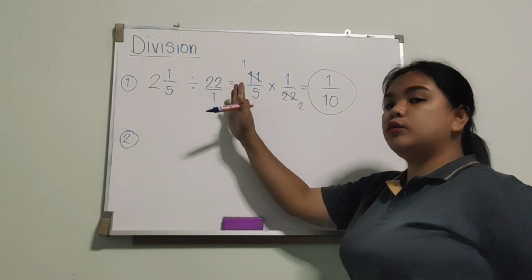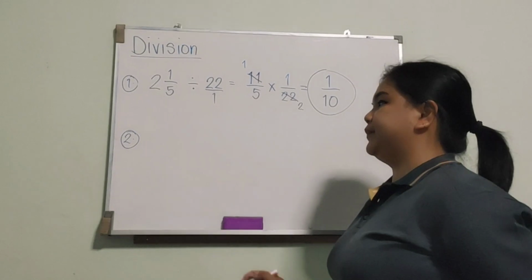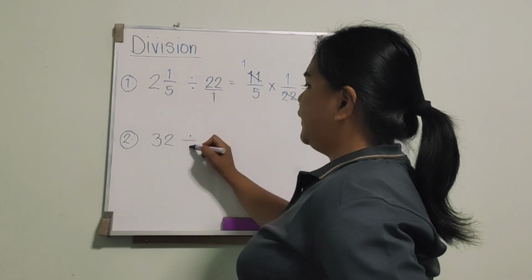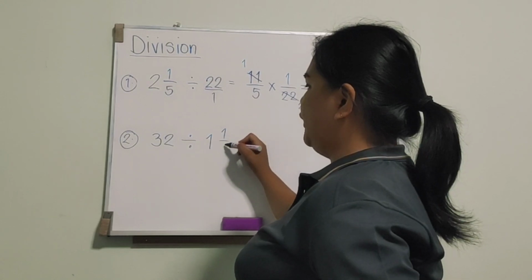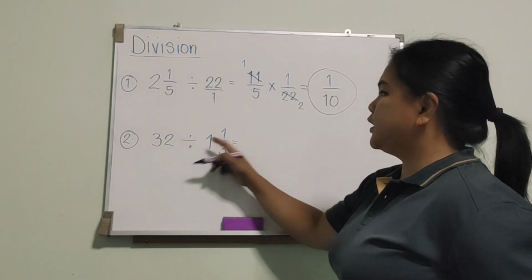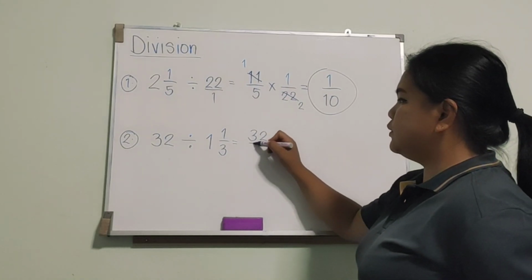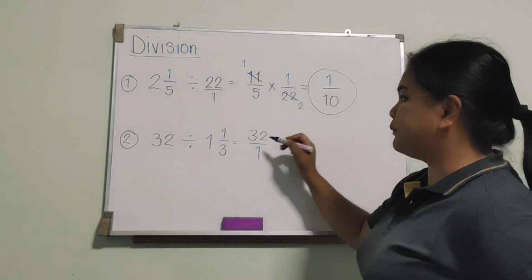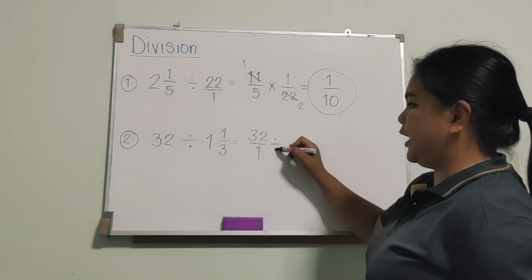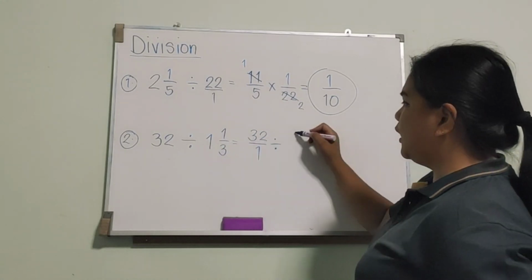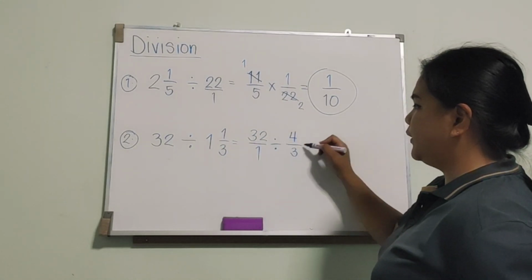What if I write the mixed fraction on the second number instead? 32 divided by 1 and 1/3. Okay. First, write 32 over 1. Change first the mixed fraction to improper. I will just copy the sign first. 3 times 1, 3 plus 1, 4 over 3.